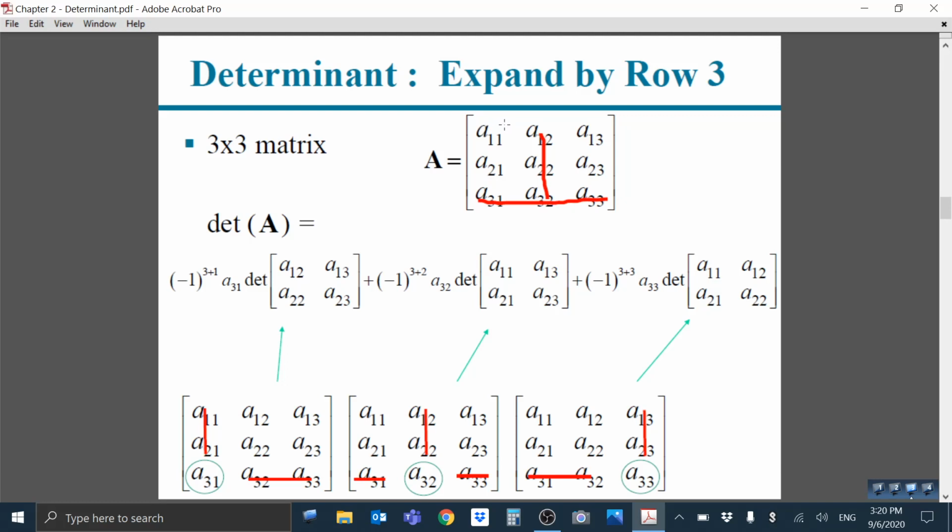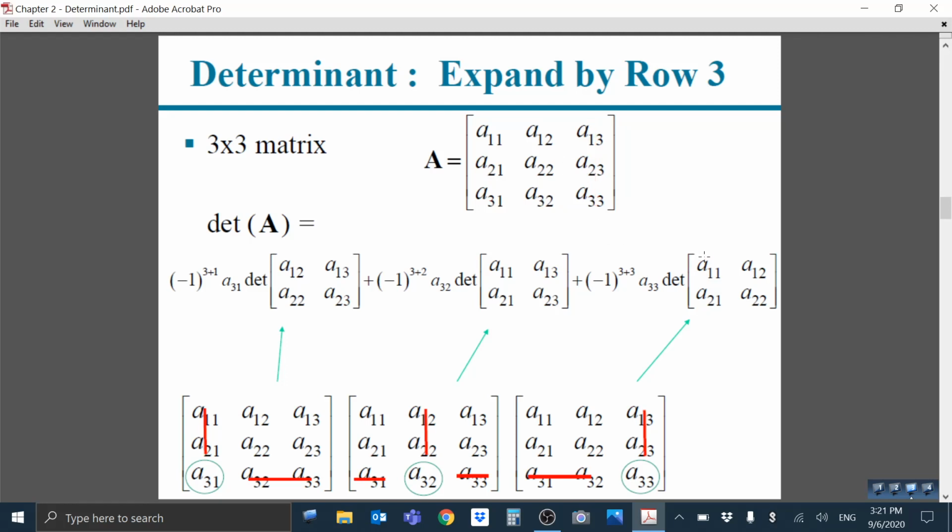So I have A11, A13 on the top, and A21, A23 in the second row. Last part, I have to work with A33, so it's negative 1 to the power 3 plus 3 times A33 times the determinant of a smaller matrix that I get by eliminating row 3 and column 3. So this is the smaller matrix.